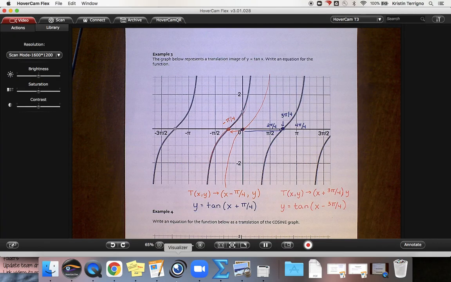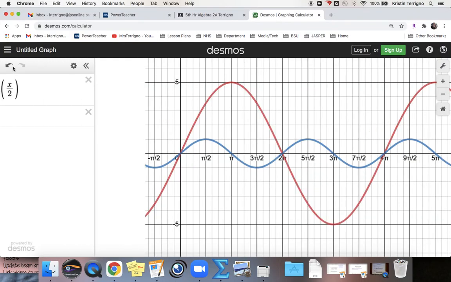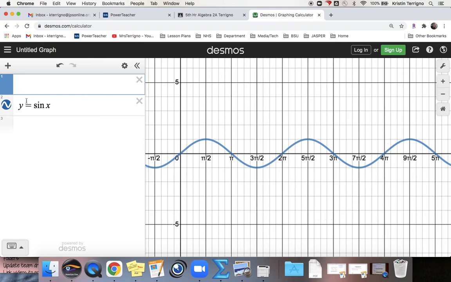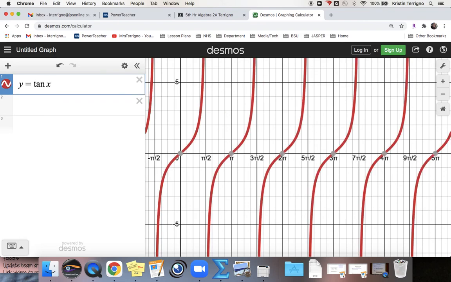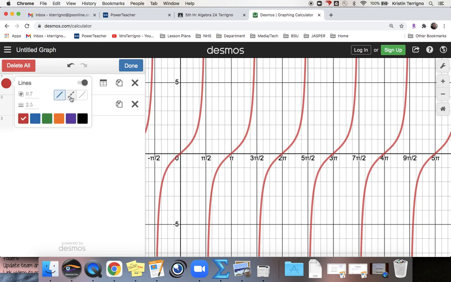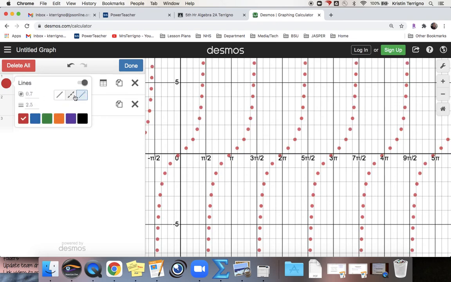Just to make sure I convince you, let's pull up a Desmos graph here. Get rid of this one from the last lesson. Okay, so just to remind you real quick, here's the original tangent graph. That's what the original tangent of x looks like. I'm going to make it dotted so you know it's the parent function.